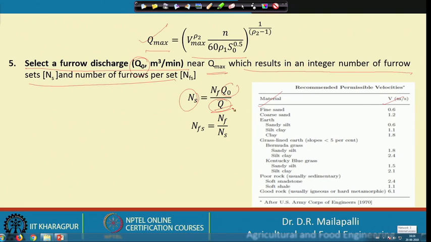So, you have this much capacity, and this is the flow rate for each furrow, and this is the total flow rate, and you get the number of sets.